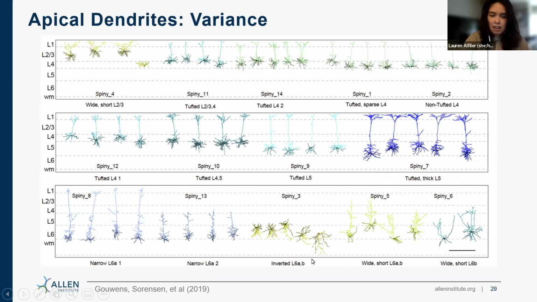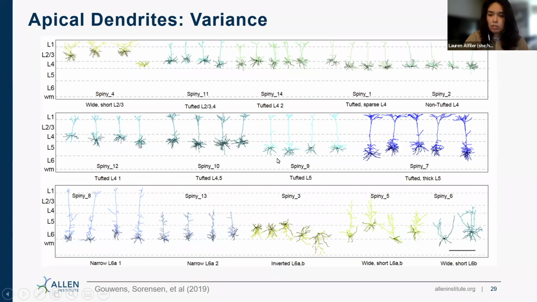In fact, when you look at layer 6B down here, the apical dendrites of cells that start in layer 6B look more atypical. They're upside down, they're sideways. In the lesson plan, we have students look at cell morphology and filter by cell type and layers. They should notice that if they filter by layer 6B, the cells and their apical dendrites are going to look very different compared to a cell in layer 1 or layer 2, 3, or layer 5.